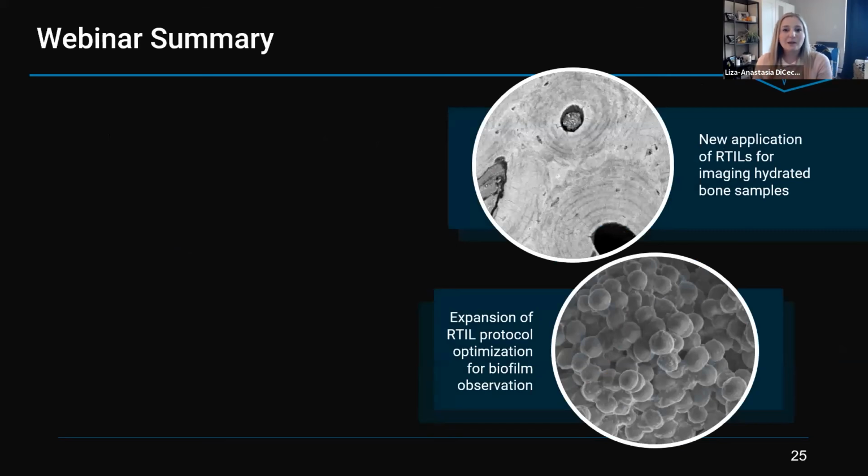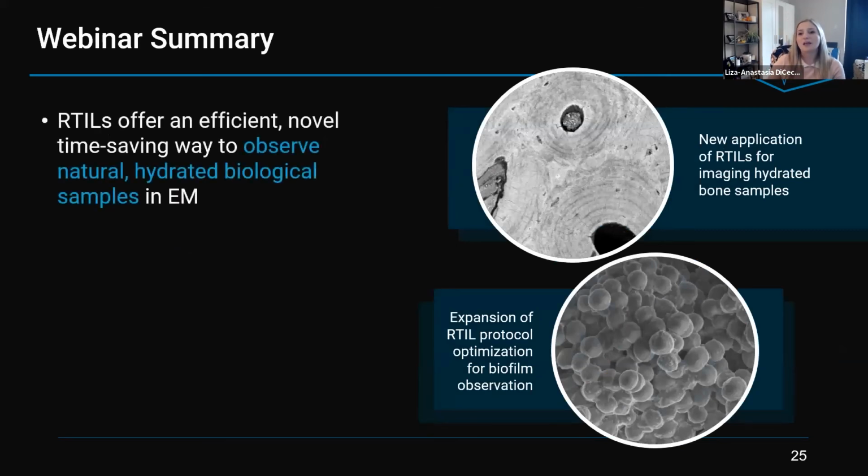So as a quick summary, I hope I was able in this webinar to show that RTILs offer an efficient and novel time-saving way to observe natural hydrated biological samples in electron microscopy, and not just biological samples. There's a wide range of other applications that this can be used for, especially when we're talking about looking at in situ reactions or dehydrated samples and looking at them in their natural state.